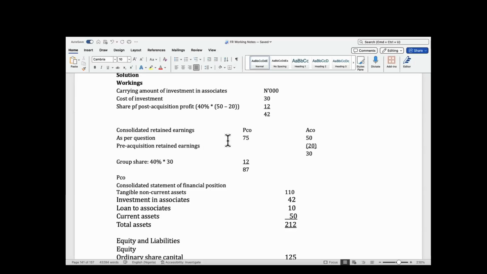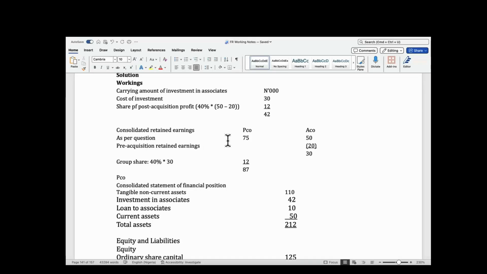But since the inventory is with the associate and we don't consolidate the account of the associate, the other leg for that elimination of unrealized profits will hit the investment in associate, because that one is in your books, in the consolidated account.